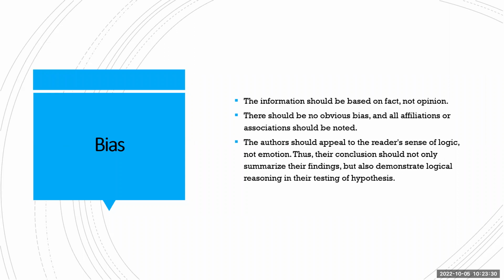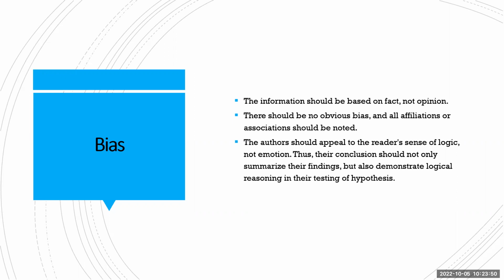There should be no obvious bias, and all affiliations or associations should be noted. So when you're looking at the authority of the resource or the authors and you know their affiliations, that may be something to consider when determining whether they have bias or not, right?